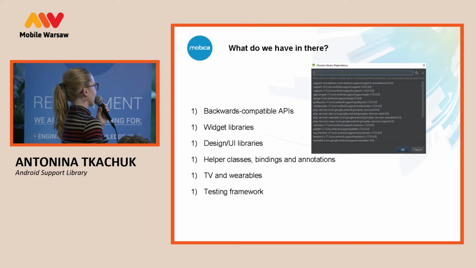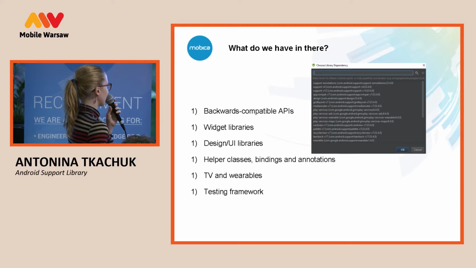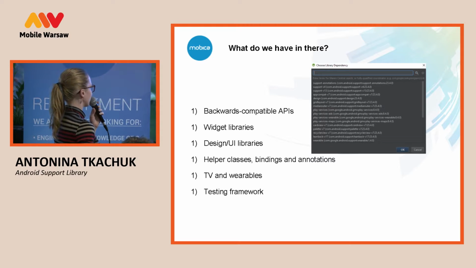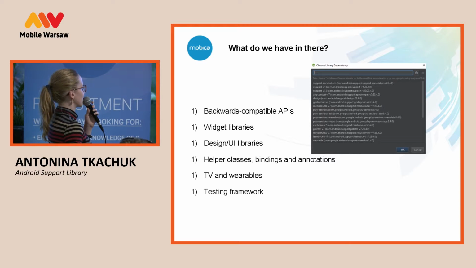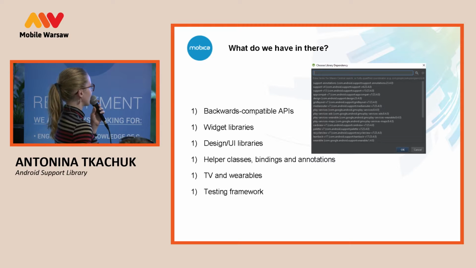Also we have leanback and wearable libraries, and also a testing framework. It is also considered to be a part of support library. So as you can see, there are different kinds of stuff, and I wouldn't say it is only one library and only for compatibility. It's just much more than that.